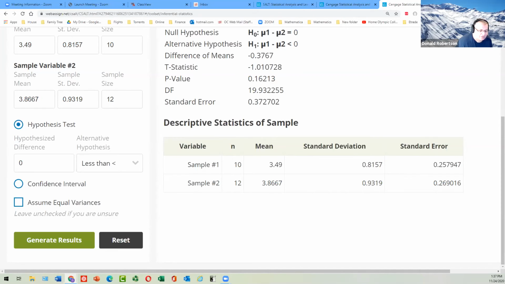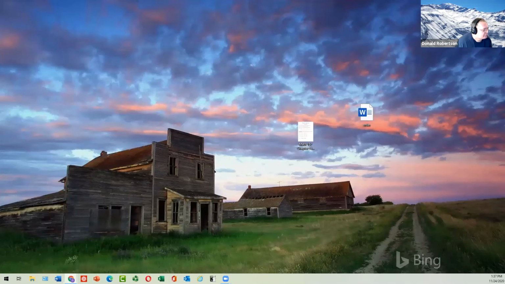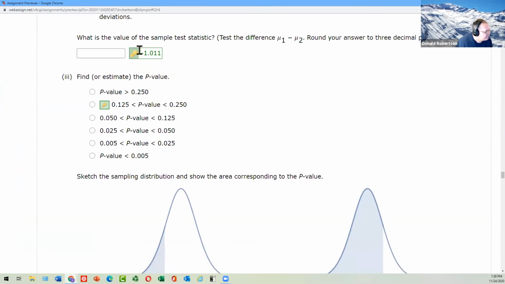And we'll show you where your number comes from. The T statistic is negative 1.01, and the p-value is that guy, right? So, can you see the T statistic? And the p-value that we're looking for was 0.16213, which is that guy.